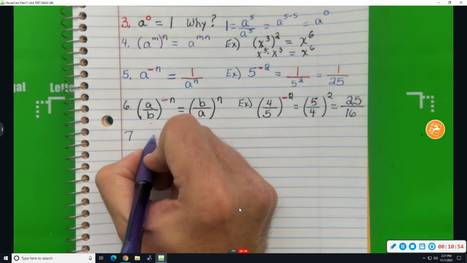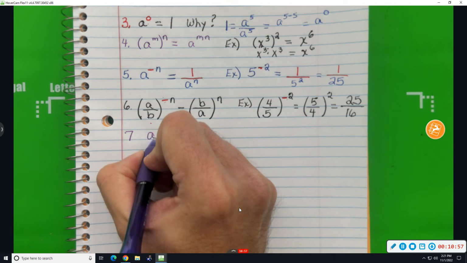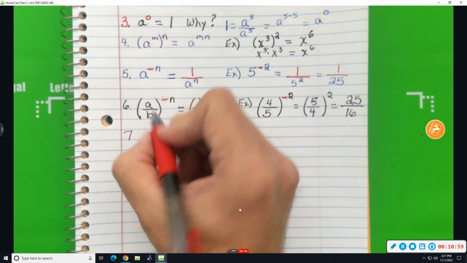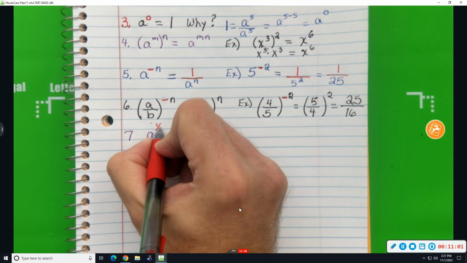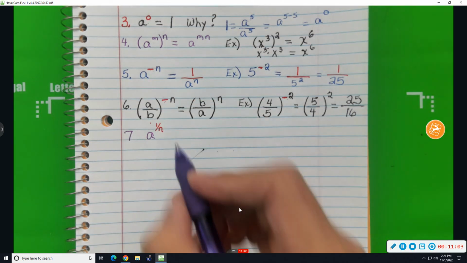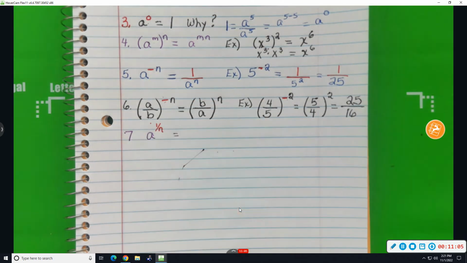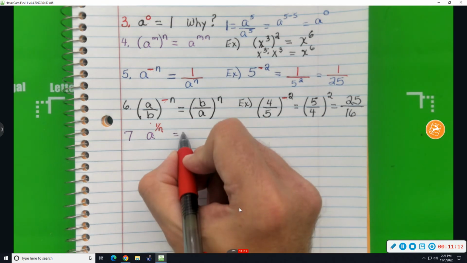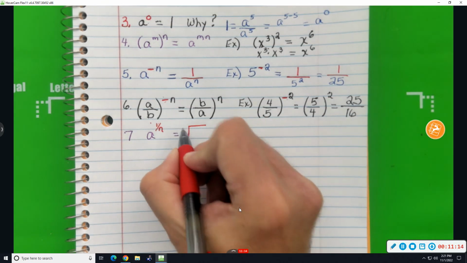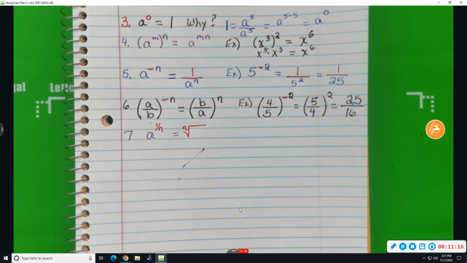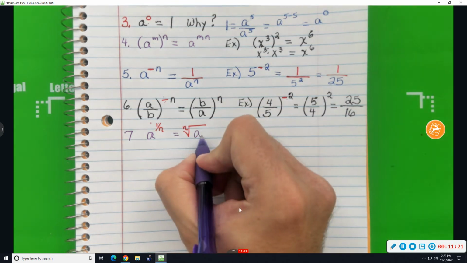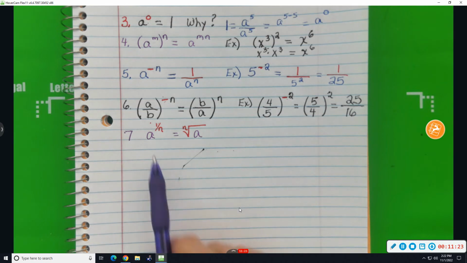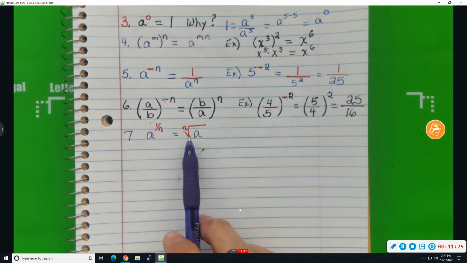What if we had the fractional exponent 1 over n? And this one we've stated this semester. A 1 over n exponent means nth root. Okay. 1 over n exponent means an nth root.